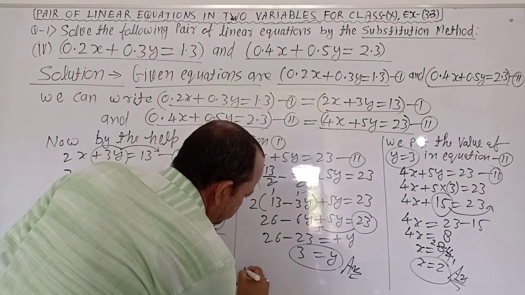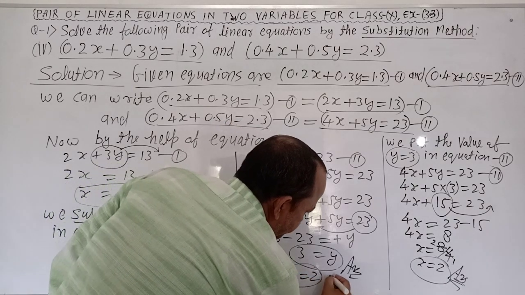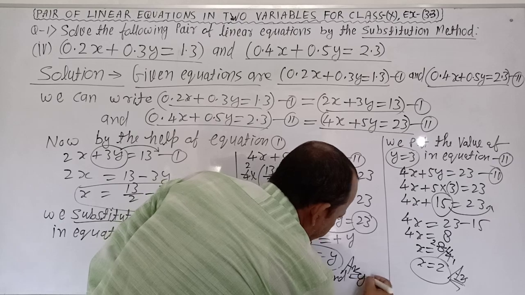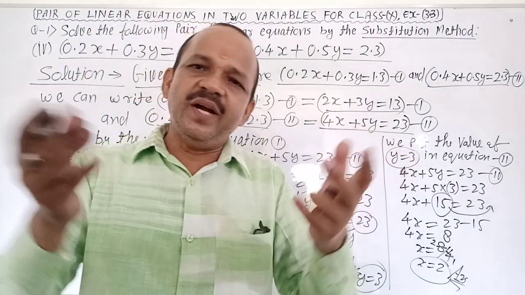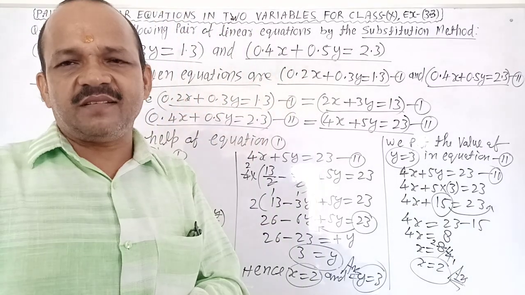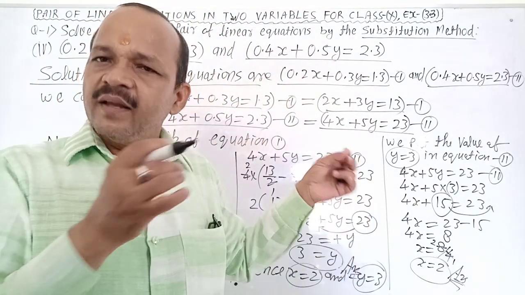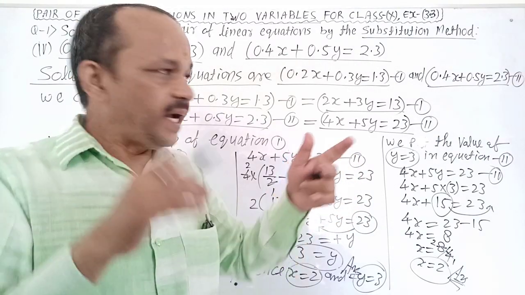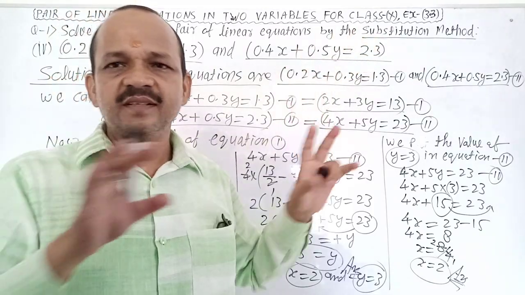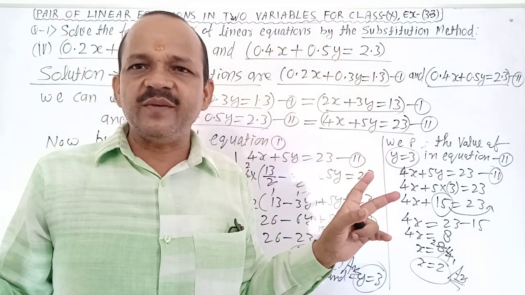Hence x equal to 2 and y equal to 3 is your answer. In this way you can solve any question and you can find the value of x and y by the help of substitution method. Clear? Substitution method is clear. No confusion about it.